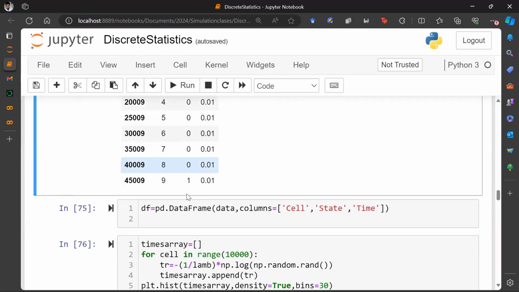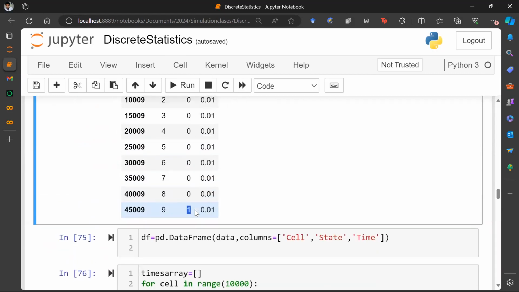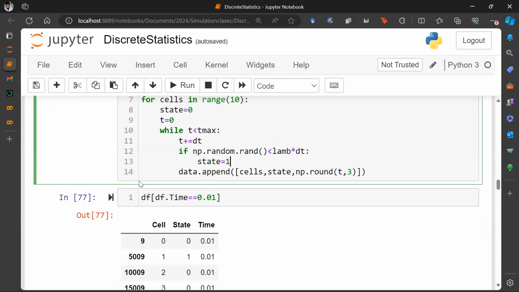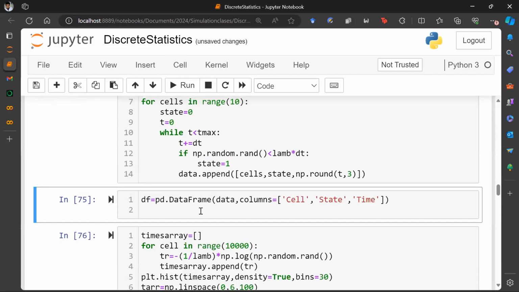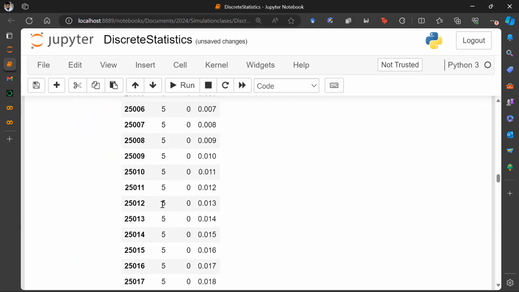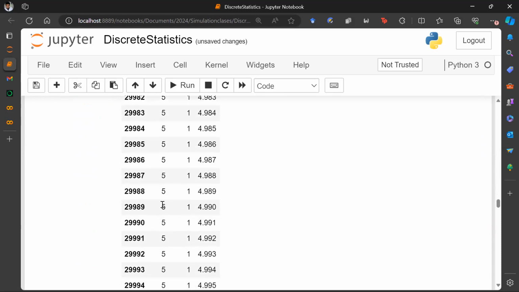So this cell is in state 1, this cell is state 0, this cell is in state 1, and so on. And I can also select only one cell, for instance, df such that, and inside these square brackets you have df.cell equal to 5. So this is the cell 5. So you have the state of cell 5 as a function of time.